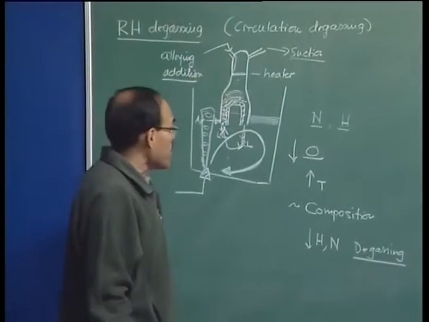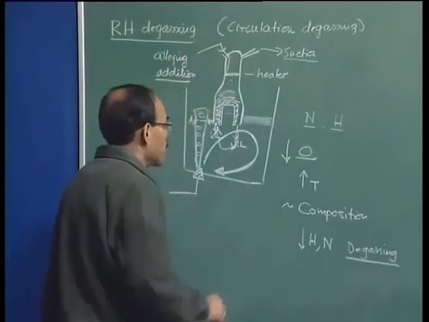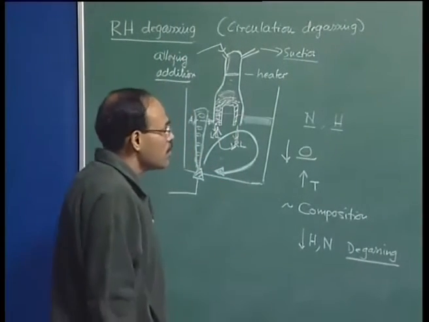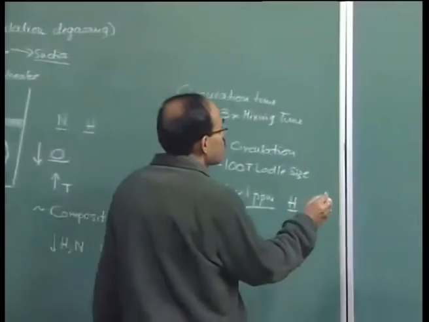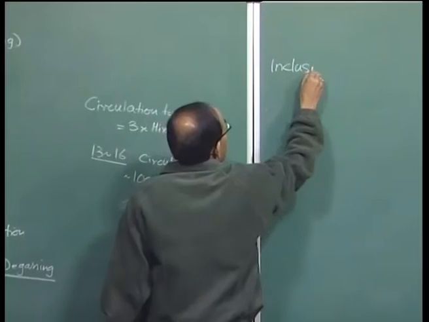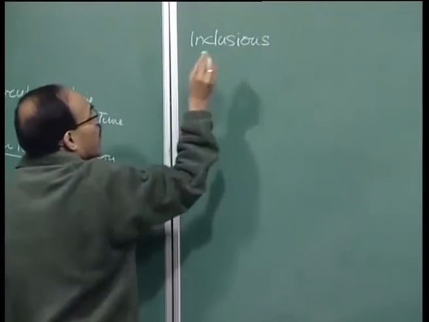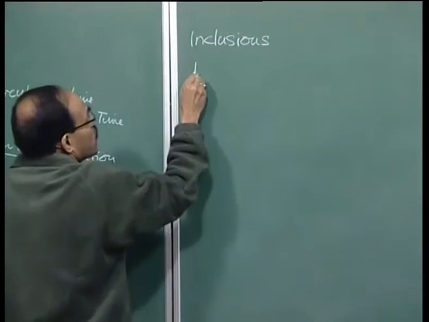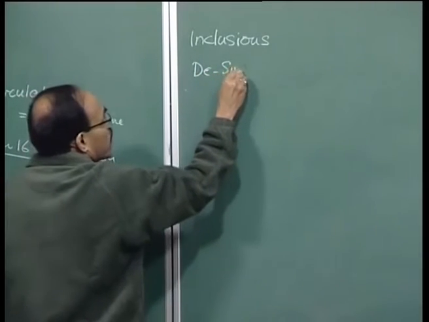So the final frontier of this is that we may still have some issues regarding inclusions, and also in some specific cases we may be concerned with what is known as desulfurization.